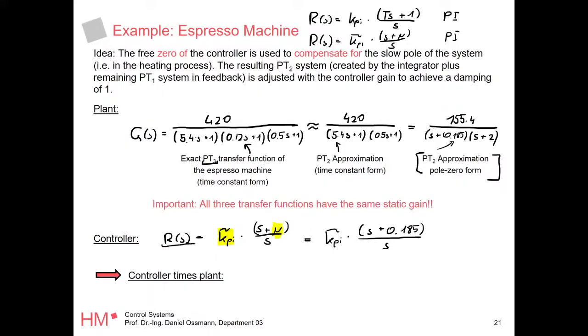Okay, so let's take this controller here and multiply it with our plant, because we know this is the open loop, right? We have our controller R and our system G, and we're going to do this first.